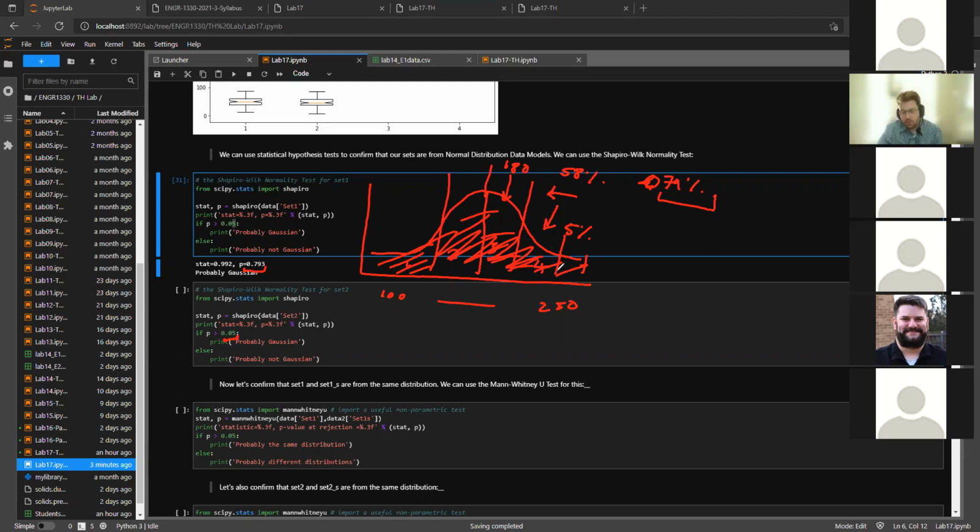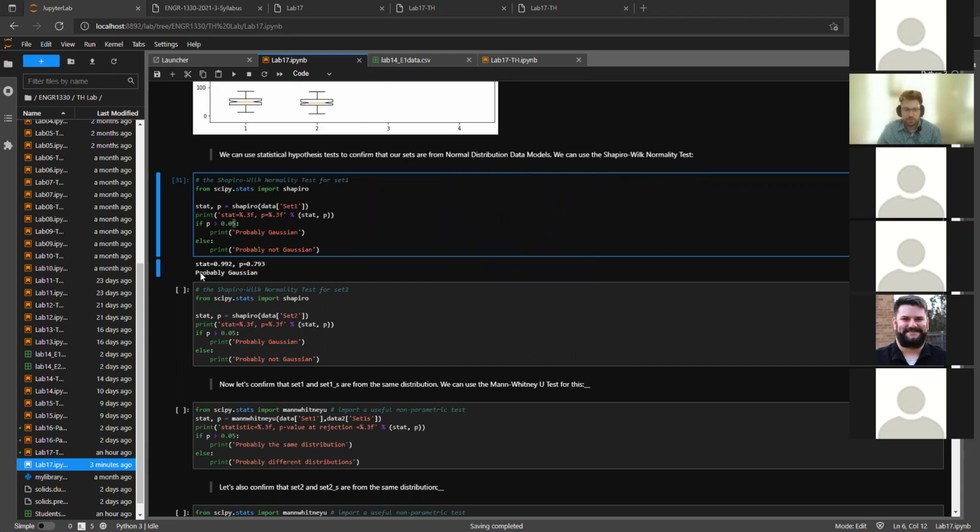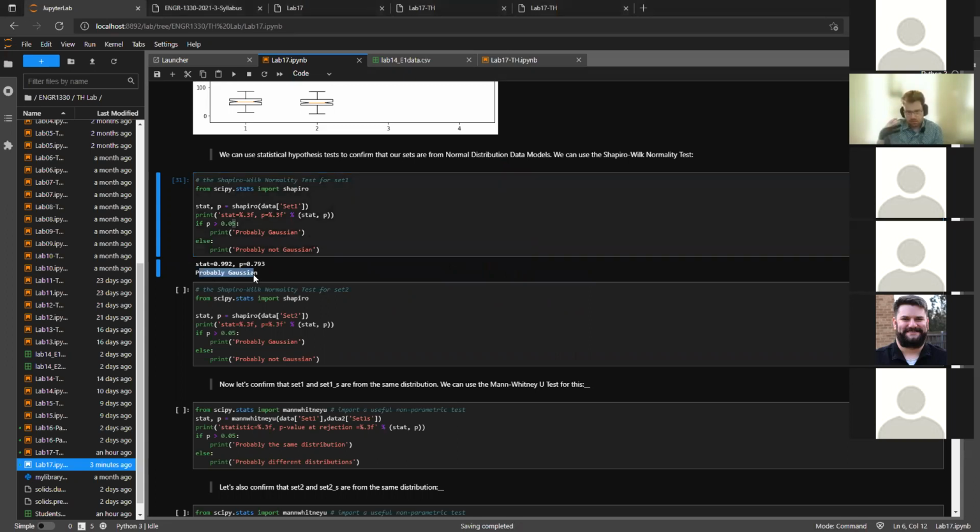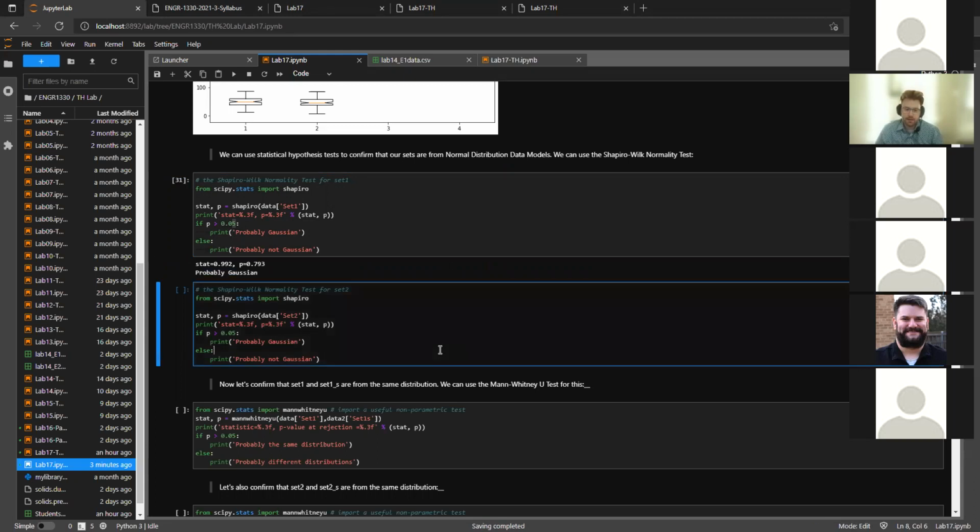So we have a situation where we say your null hypothesis is not rejected, and the test says your data is normal. At least it says, you can't really say certainly, so it says probably, with a 5% room for error. Now let's run it for this one.